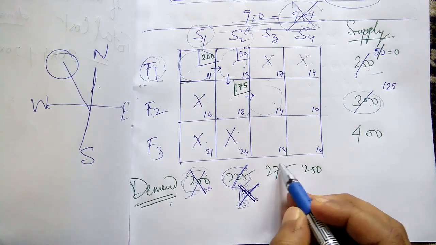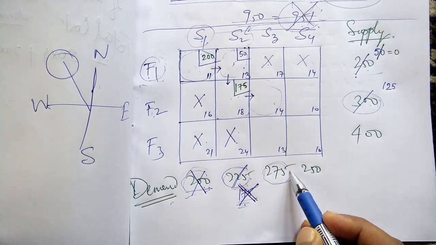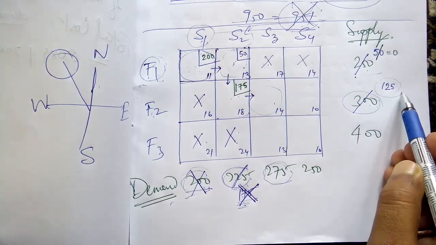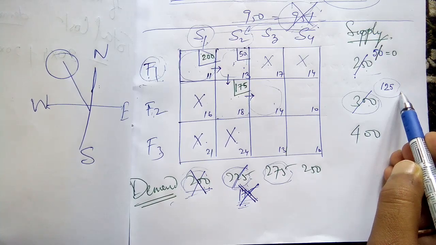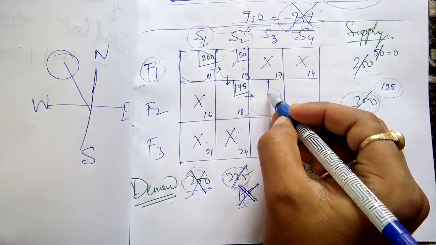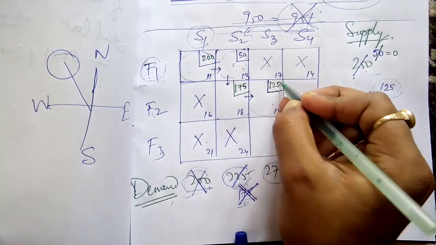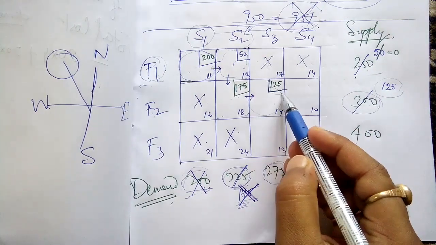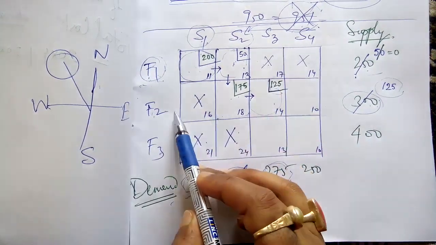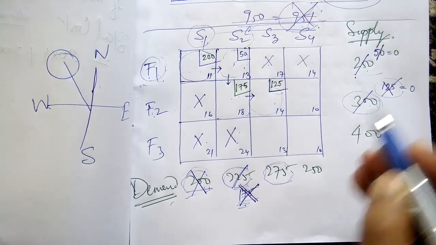Check the demand and supply. What is the demand? 275. But how much can factory 2 supply? 125. So what is the maximum value you can put here? It is 125. You cannot supply more than 125 goods to store number 3 from factory 2, because factory 2 contains only 125 goods.